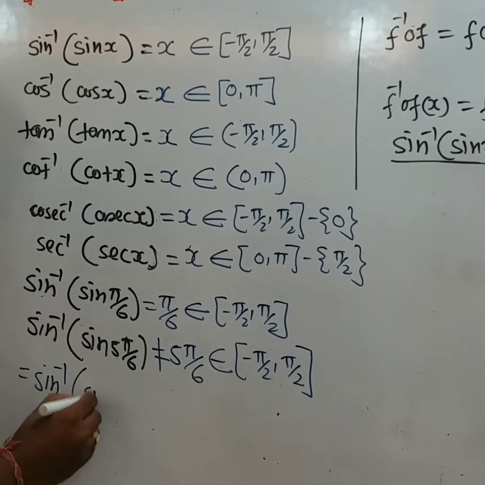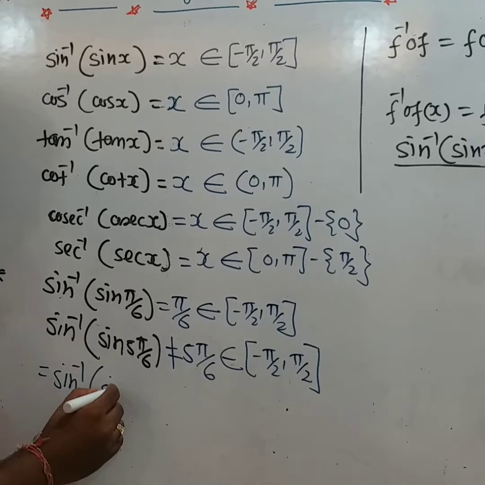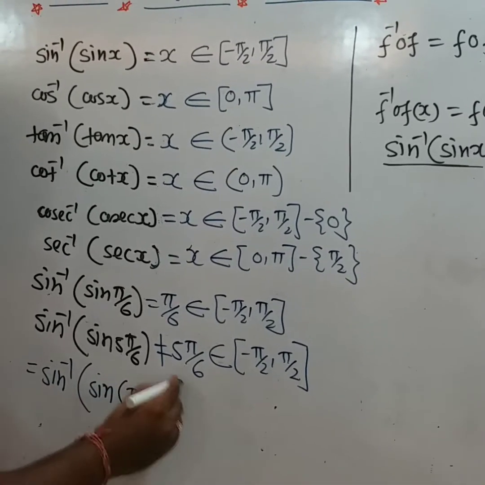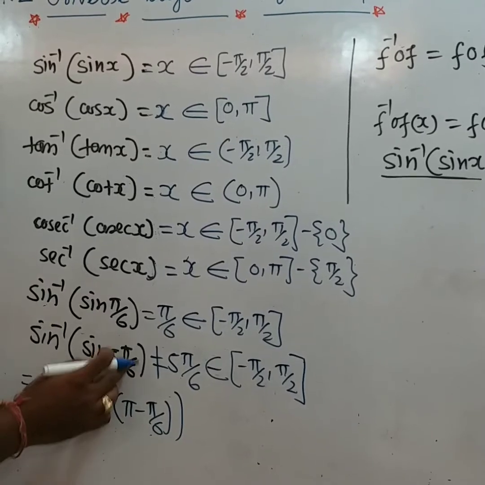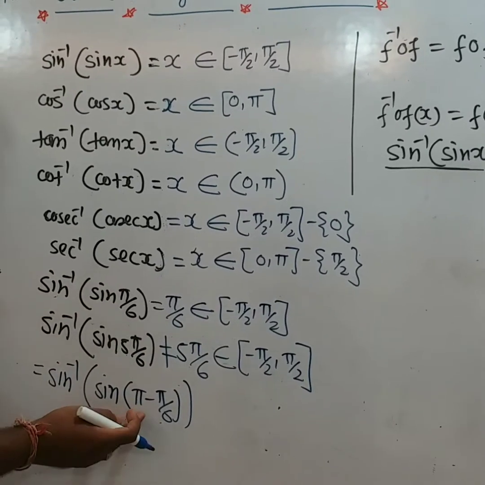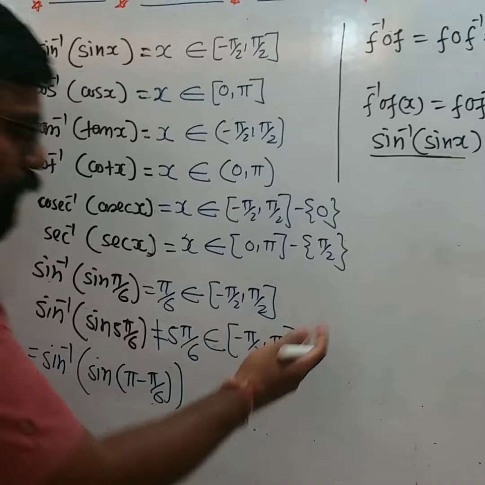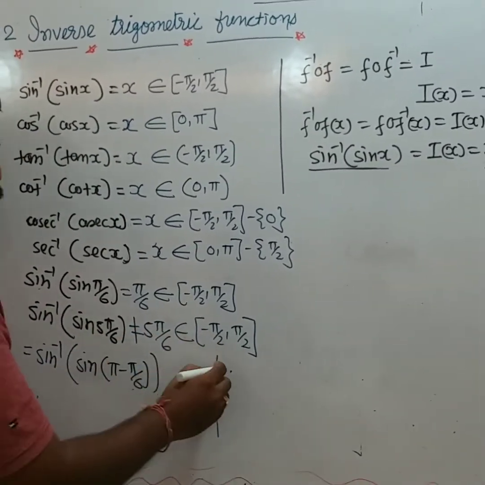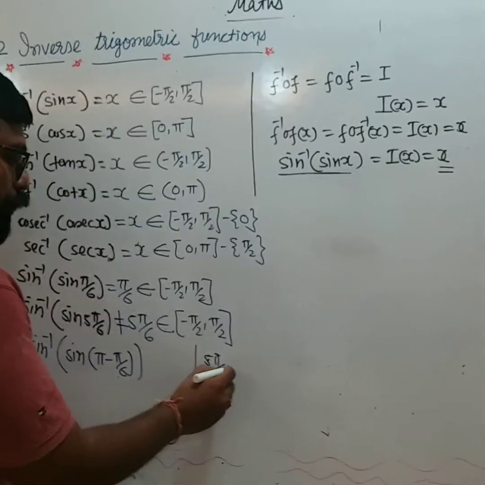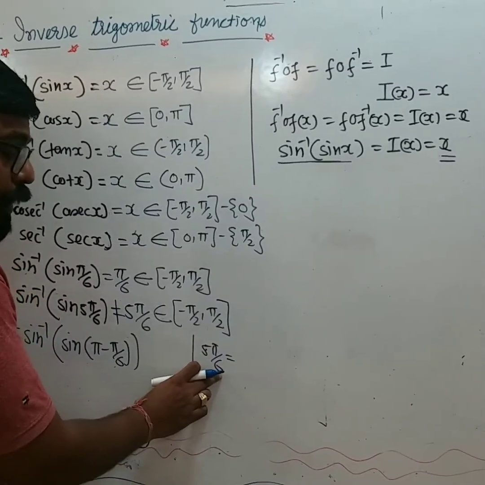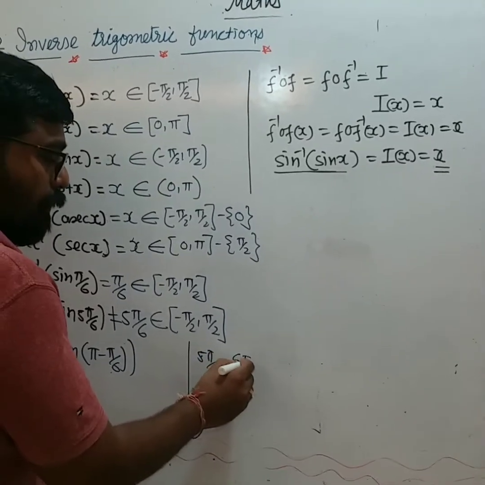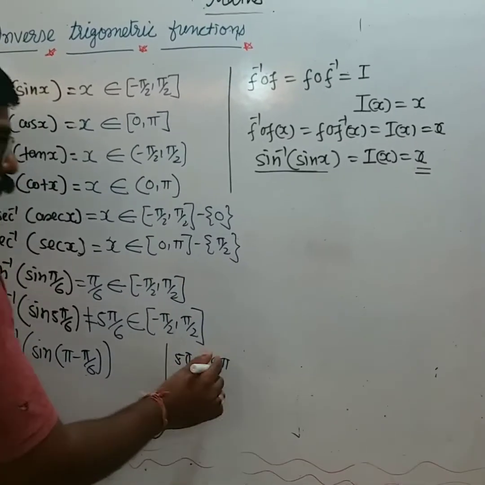So see here, what happens? We have to convert this sine 5 pi by 6 into sine of pi minus pi by 6. How can we convert 5 pi by 6 into pi minus pi by 6? Let's see here. 5 pi by 6 is here. So we write the nearest multiple of 6 to 5, that is 6 pi. 6 pi is the nearest multiple to 5 pi.